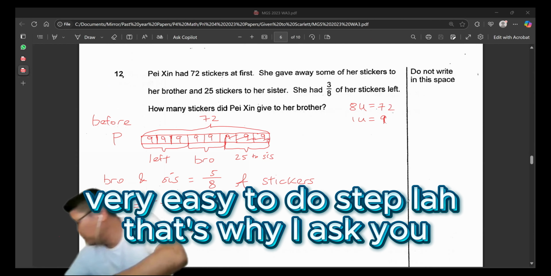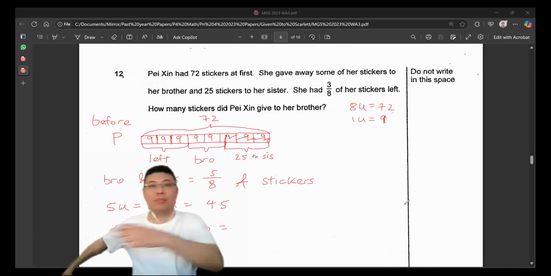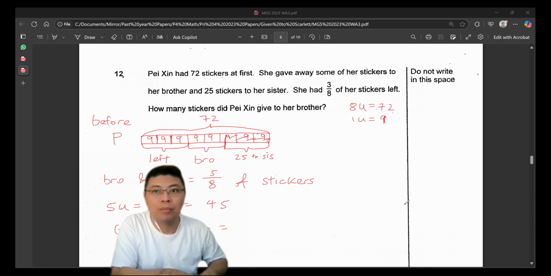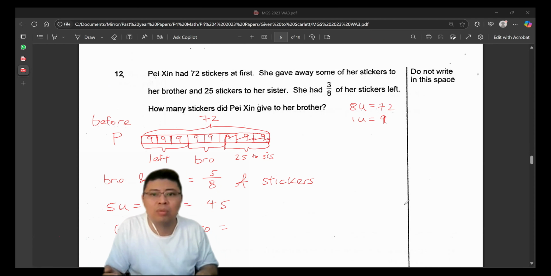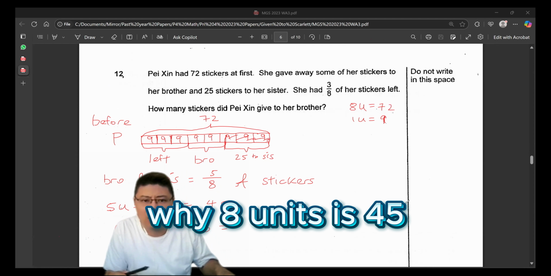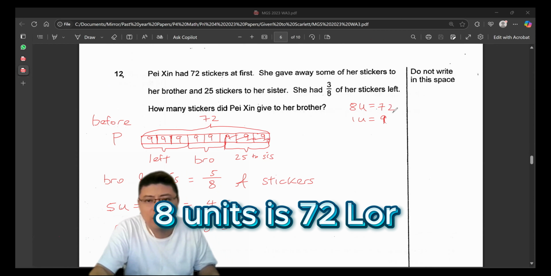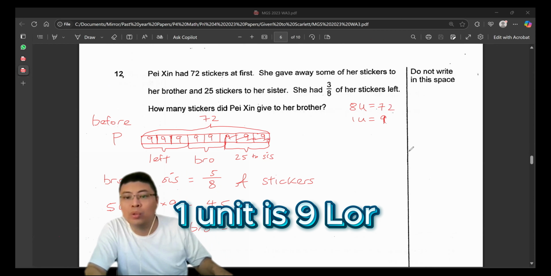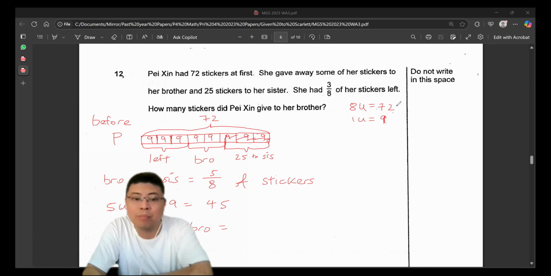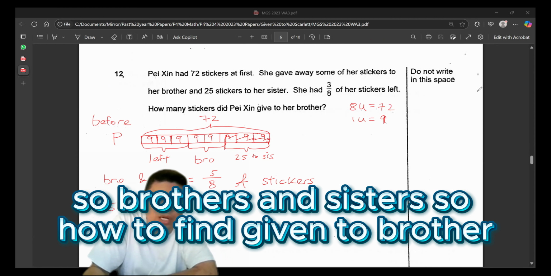That's why I asked you. 8 units is 45? No. Why 8 units is 45? 8 units is 72. 1 unit is 9. So brother and sister. So how to find given to brother?